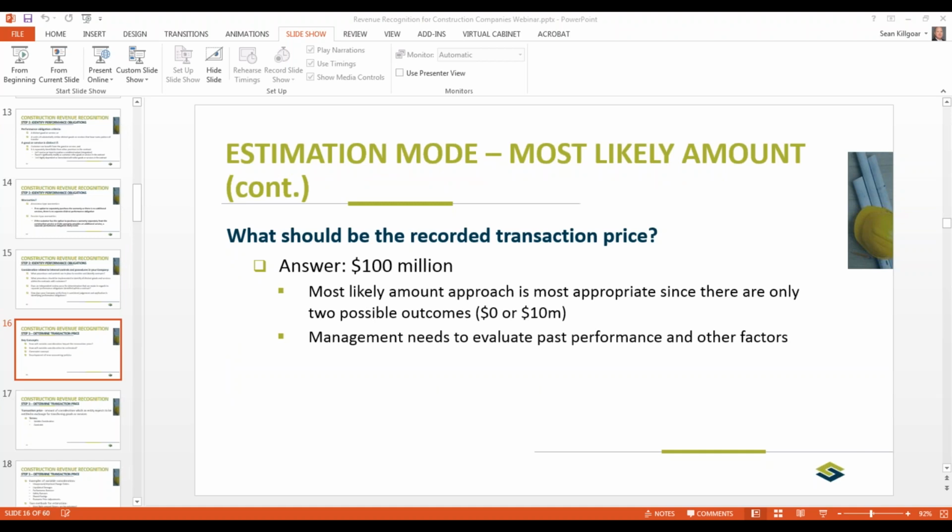You wouldn't record the bonus of $10 million. And again, the key is to evaluate past performance and then other factors that go into the job. So at 40%, it's not likely you're going to get that. So when I said that, documentation may get you back to where we were with recording unapproved change orders only when we're 100% confident, you can see how you can get there based on documentation.